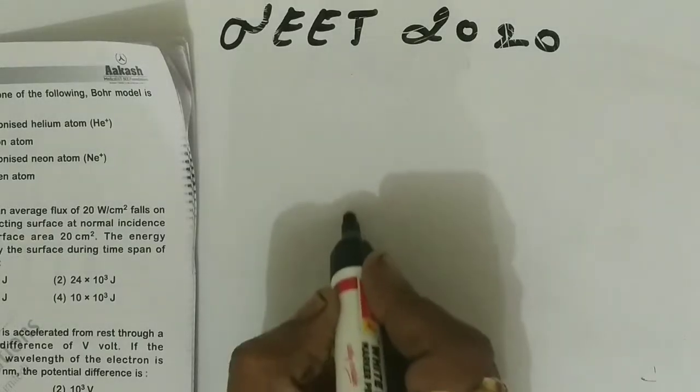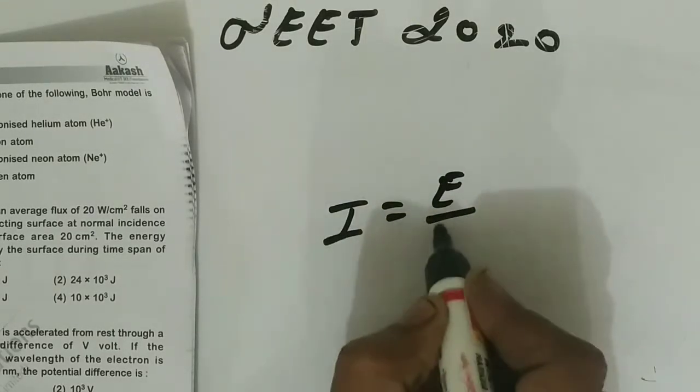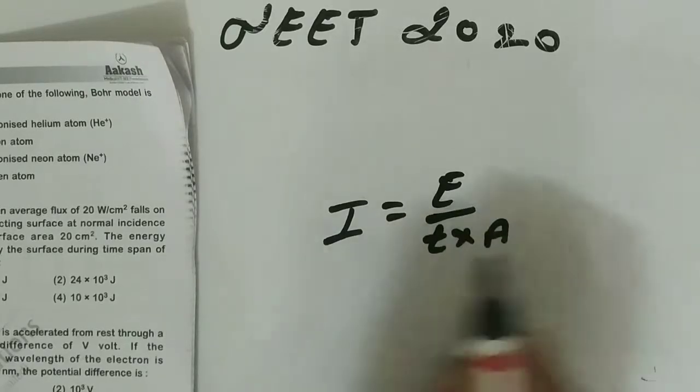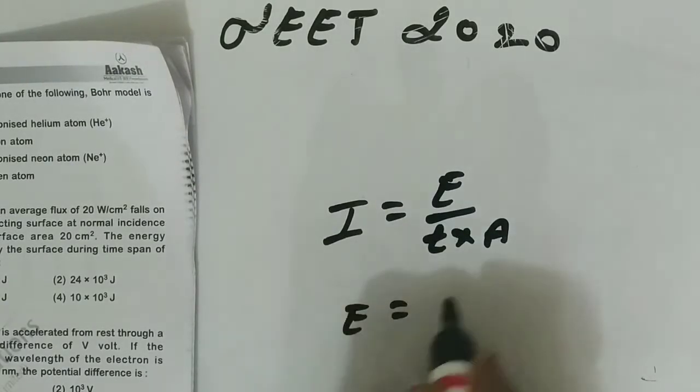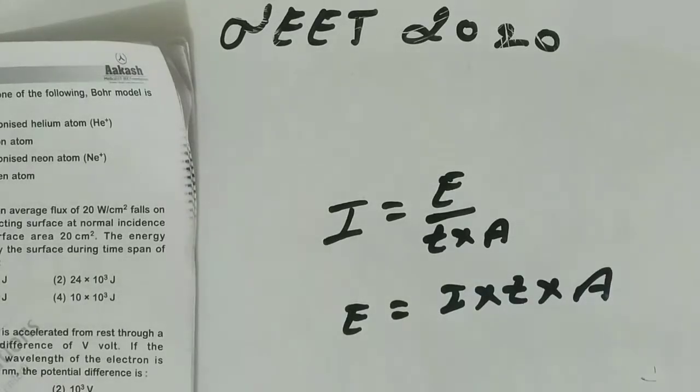The intensity is defined as energy emitted per second per unit area. I need the energy. E equals I T into A. Right? Just to check the equation. By knowing the equation, we can easily go for the terms.